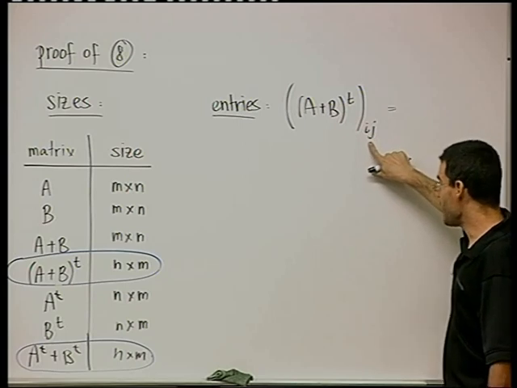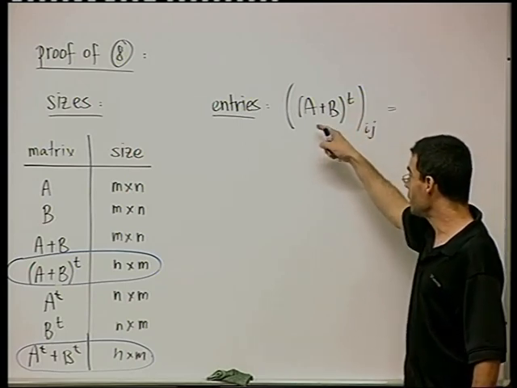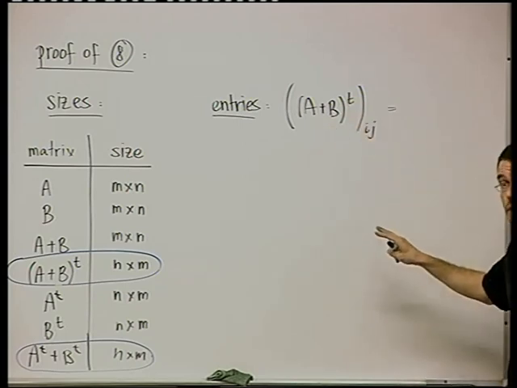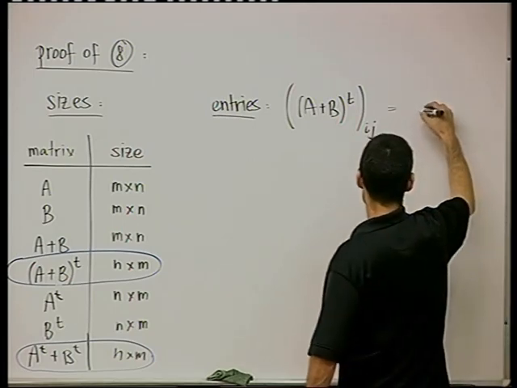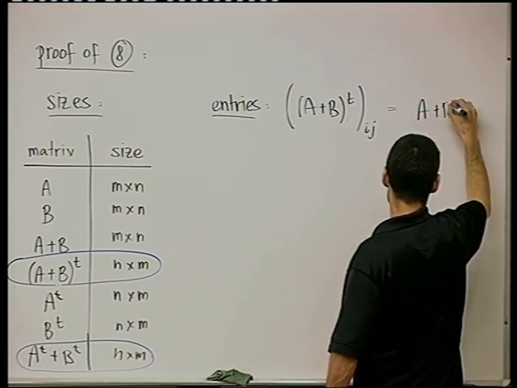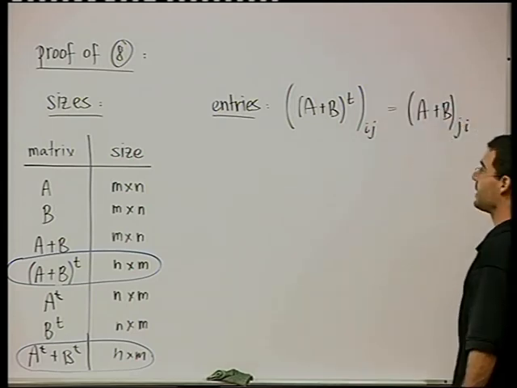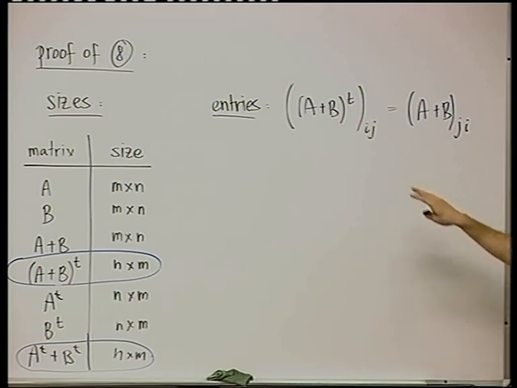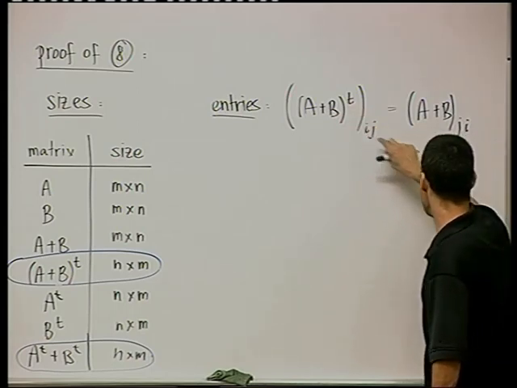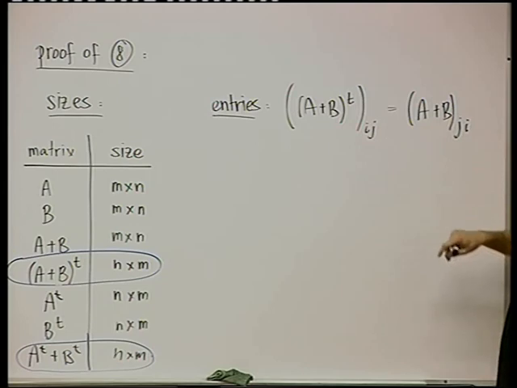The ijth entry of a transpose is the jith entry of the original. So this equals (A plus B), the original matrix, ji. That's how the transpose is defined. The ijth entry of the transpose is the jith entry of the original. Do you agree? Okay? And you can see the notation playing a role of saying a lot of stuff and making it very precise without writing down a lot of words.